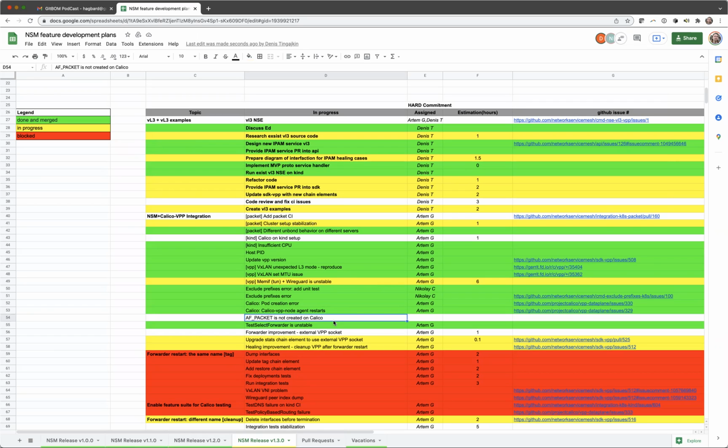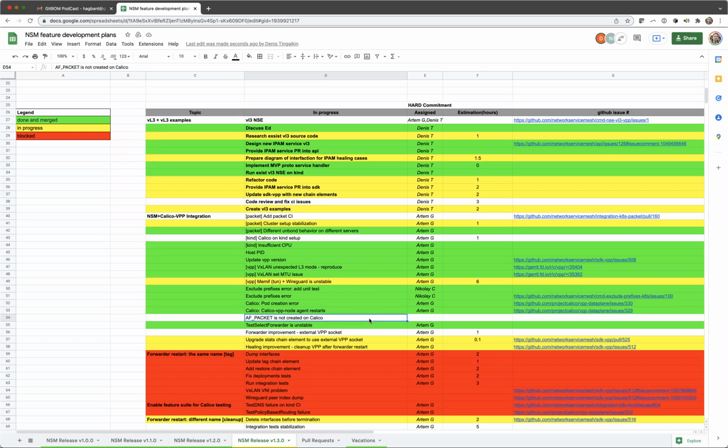Yeah, I found that we cannot create an AF packet interface with Calico. Tap interfaces work fine, but AF packet doesn't. I don't know the reason, but we can see it only on the GKE cluster.